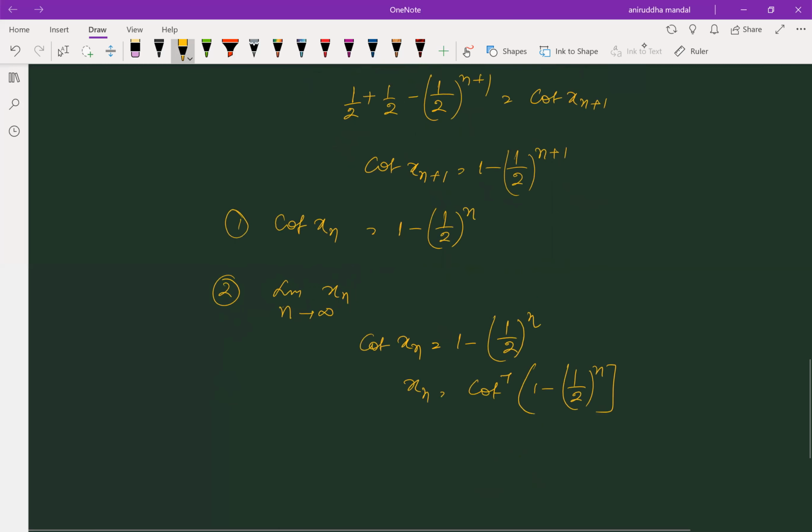Now if we take the limit as n tends to infinity, 1 by 2 to the power n tends to 0, so this is ultimately cot inverse 1. Cot inverse 1 means pi by 4. So this is the answer to the second problem.